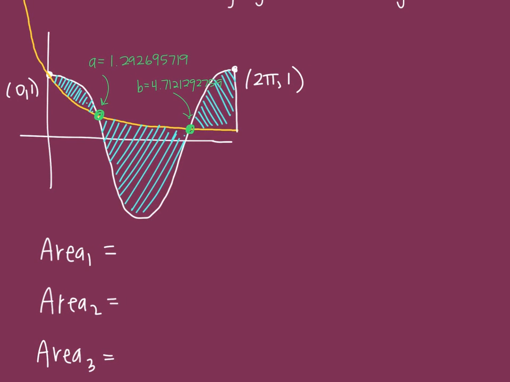So your first area would go from 0 and then just use a. And in this case, the cosine was the upper function and e to the negative x was the lower function.